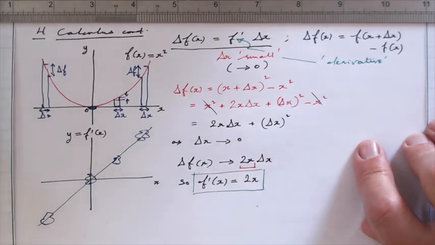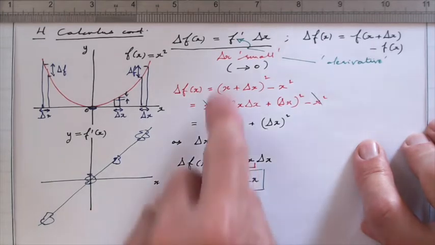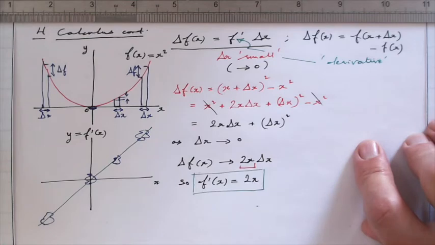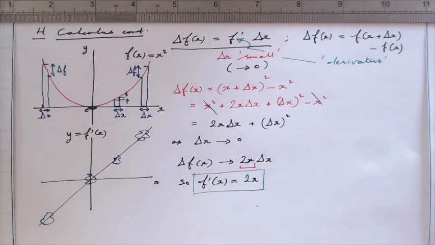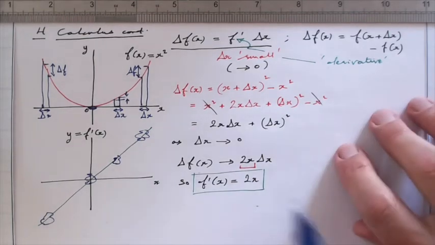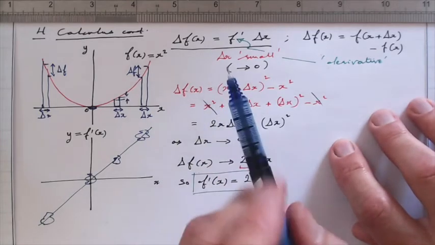Now I just want to take one little step back here because this is actually fairly important. There's a slightly neater way of thinking about deriving this derivative, which is very, very similar to this, and I just want to show you that. And we did, I think, write this down at the end of the last tutorial.